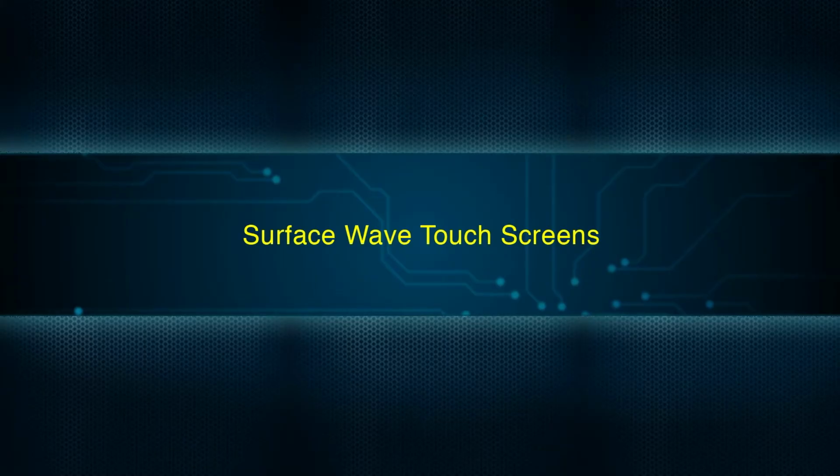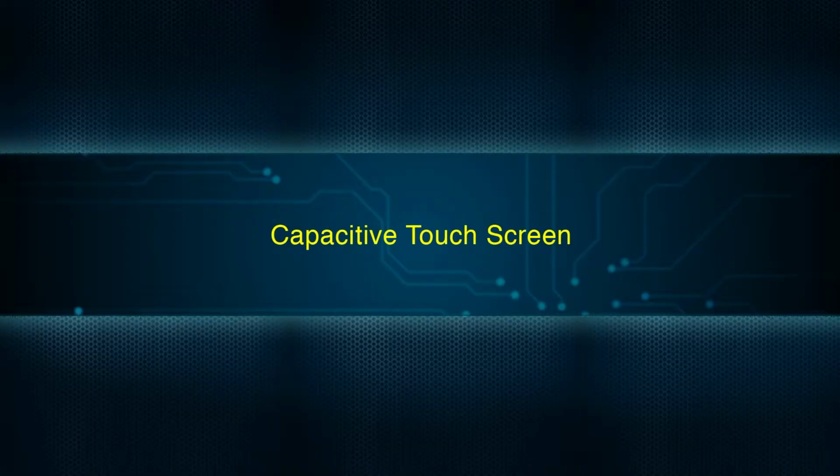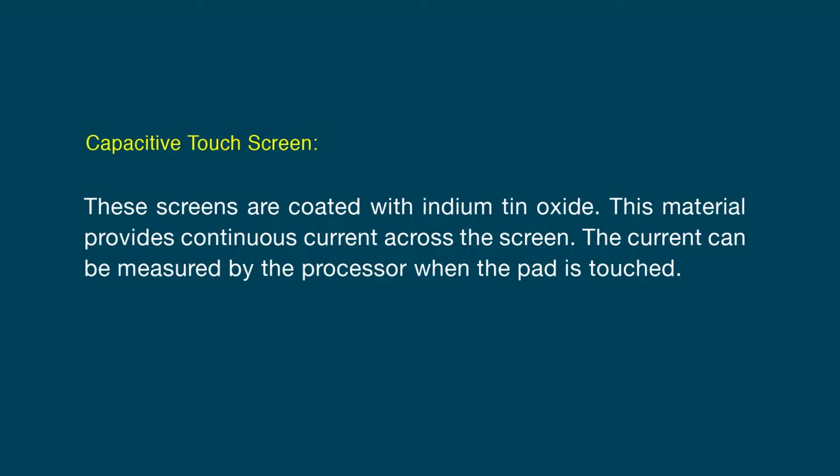Surface wave touchscreen. These monitors use ultrasonic waves to process input from the screen. These waves flow over the touchscreen. The wave is absorbed and processed by the computer when a person touches the pad. Capacitive touchscreen. These screens are coated with indium tin oxide.